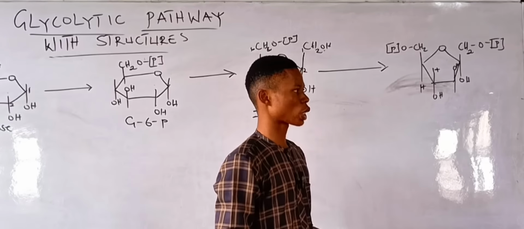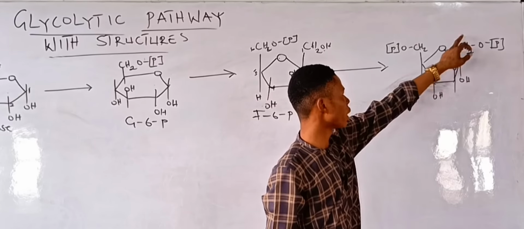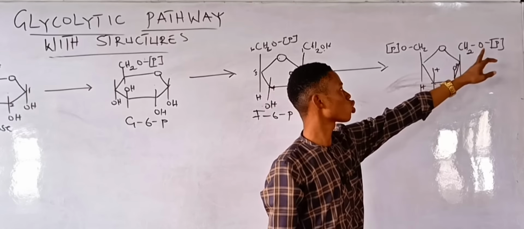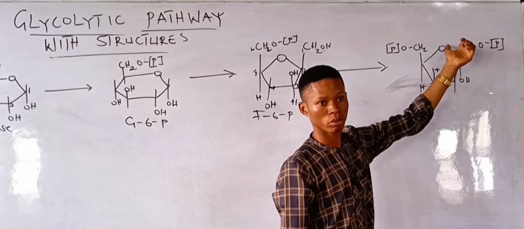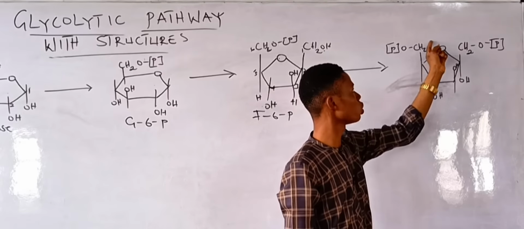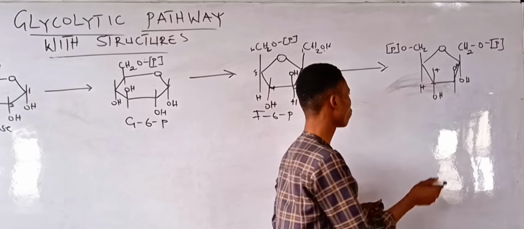So this is fructose 1,6 bisphosphate, because we place phosphate groups on carbon 1 and carbon 6. If you took this one to this side, there's no problem. You don't have any issues, like if this was on the other side, there's no issue.